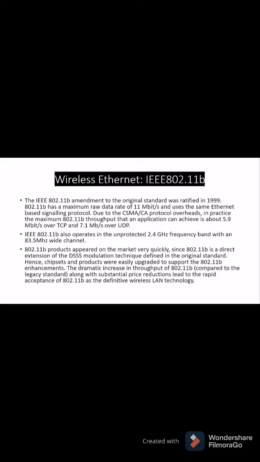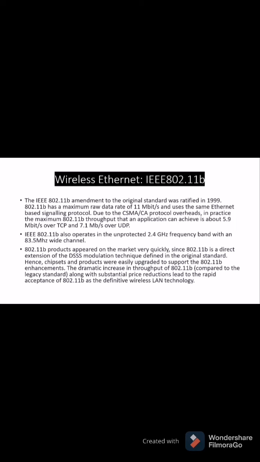Wireless internet, or IEEE 802.11b. What is it? It is an amendment to the original standard, ratified in 1999. 802.11b has a maximum raw data rate of 11 Mbits and uses the same Ethernet-based signaling protocol.